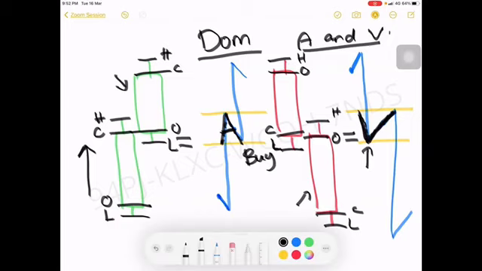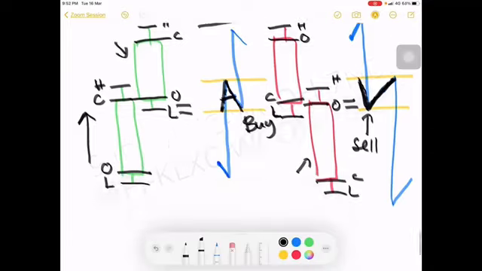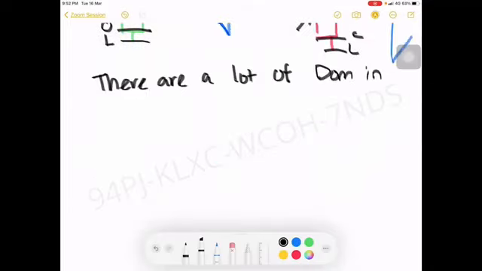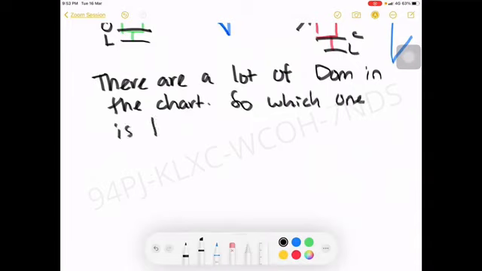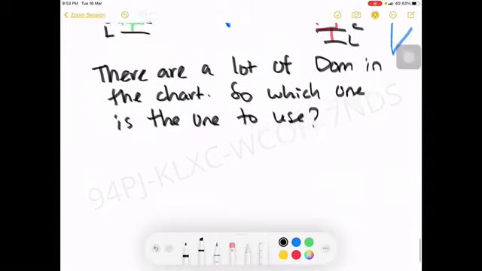So this V is for sell, like in the chart. So how do you know which DOM you are going to use? How do you find the DOM?